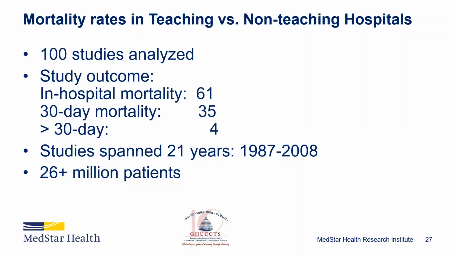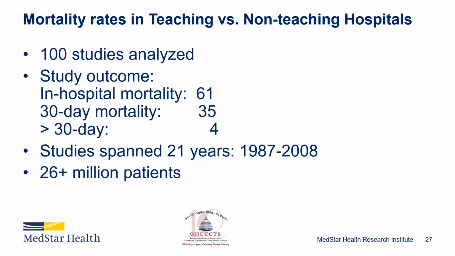So here, the issue is we're going to do the analysis on mortality, but we have different definitions or different time spans for mortality. And the studies themselves span 21 years, which is quite a length of time, and involved a lot of patients, 26 million patients.